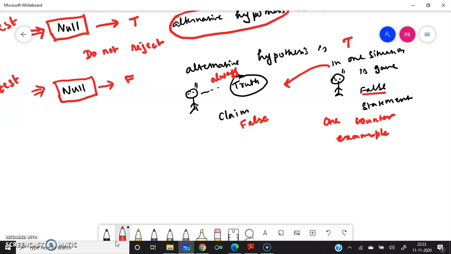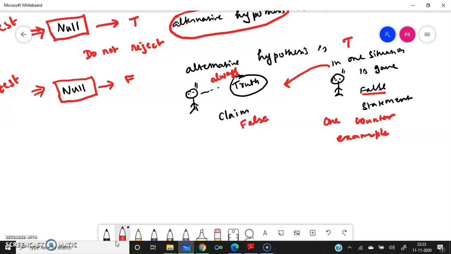Suppose in one particular place he has told a false statement, that itself is enough to say that the statement he always speaks truth is false. We are nullifying this by saying that in one situation he has told a false statement.